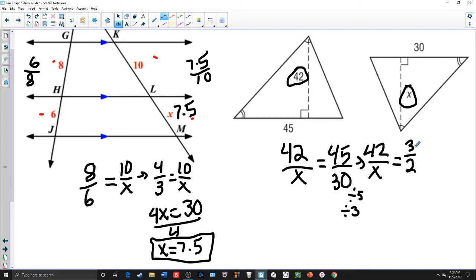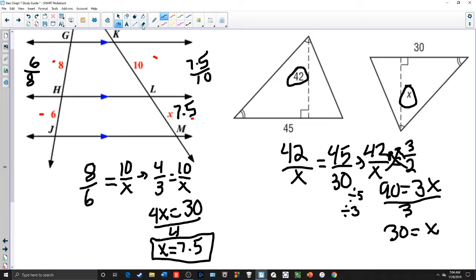That will give us this simplification. Or again, you could have just divided by 15 right away if you saw that. So now we cross multiply. We get 90 is equal to 3x. We divide by 3, and we get 30 is equal to x.